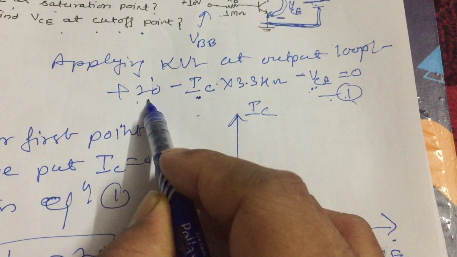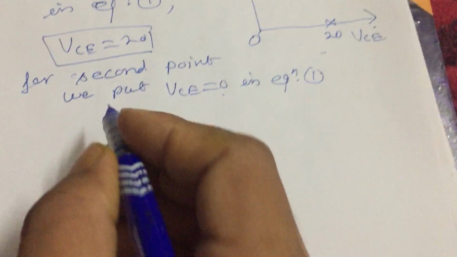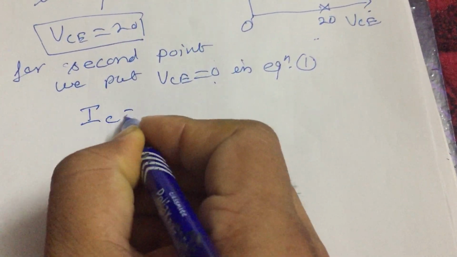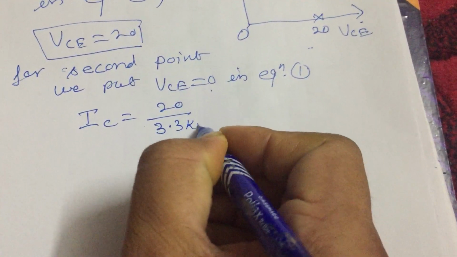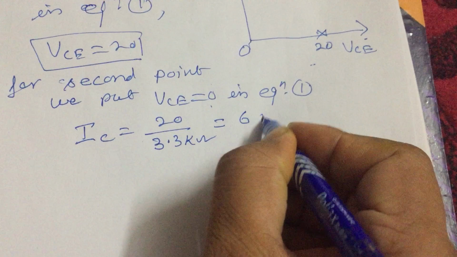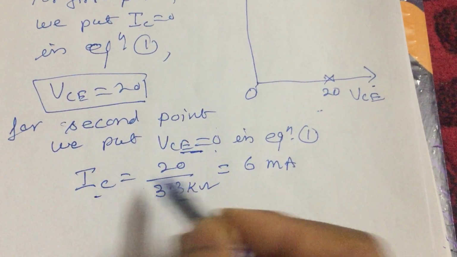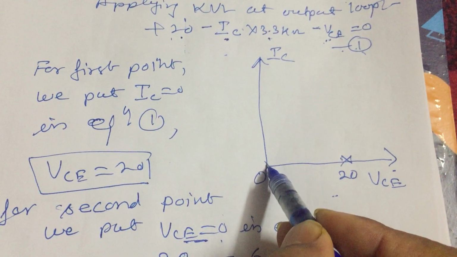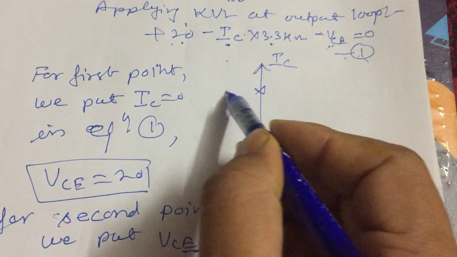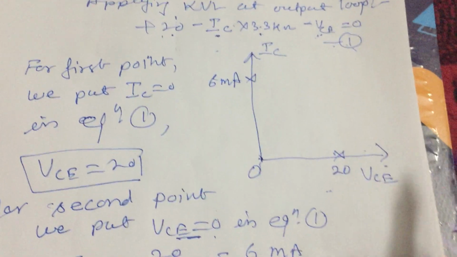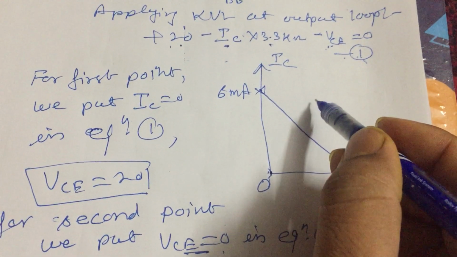IC is 20 divided by 3.3 kilo ohms, and this becomes 6 milliampere. So when VCE is 0, IC is 6 milliampere. At this point VCE is 0 and IC is 6 milliampere. Now we draw a line between these 2 points. So it is our DC load line.